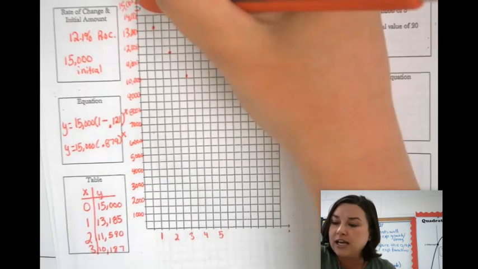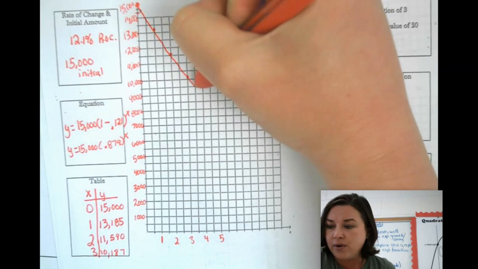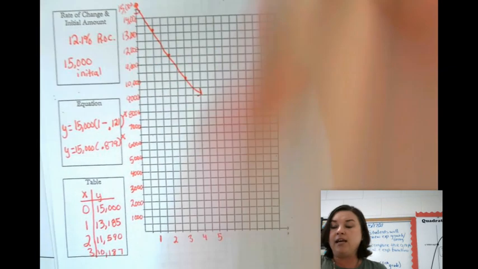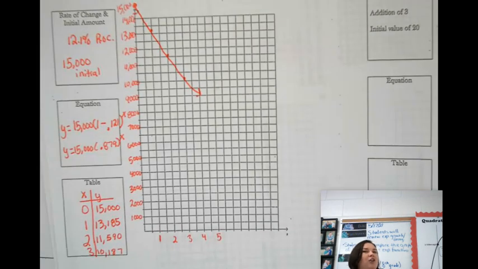But the graph would connect like this, and it is going to keep going down and over, curving, eventually getting close down to 0. Because can the car ever go below $0? No. So that's why that asymptote is going to be down there at 0. It could get close to being worth nothing, but it's never going to be worth a negative amount.